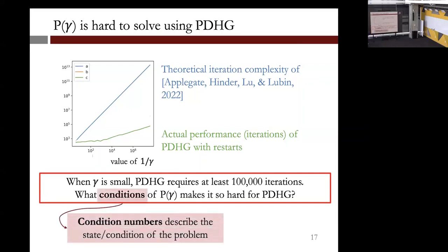So I ask, what conditions of P of gamma make it so hard when gamma is close to 0? We're looking at the relevant condition numbers that describe the state or condition of the problem.